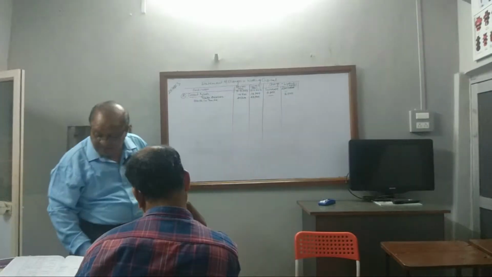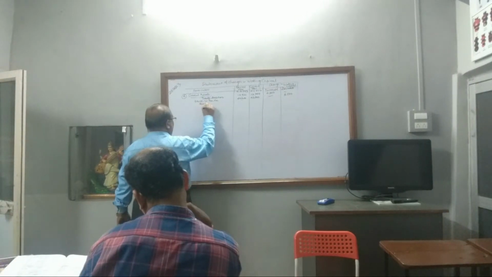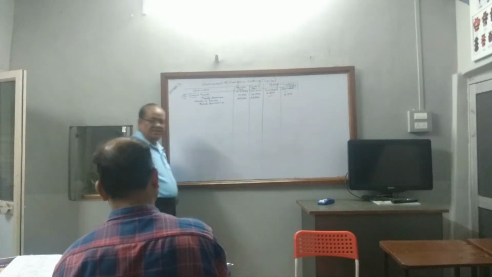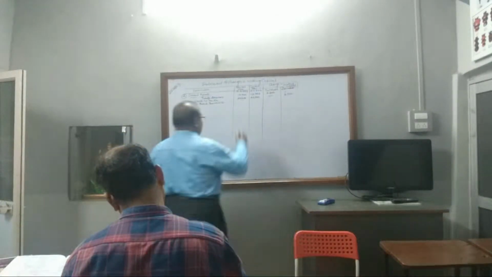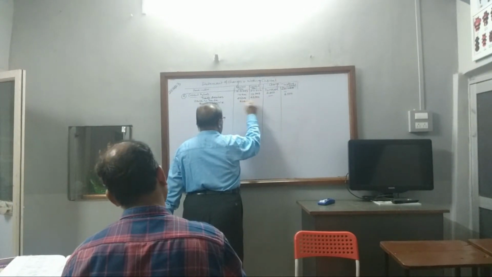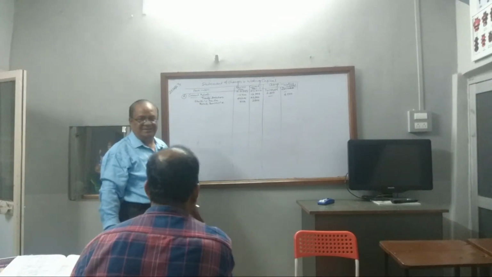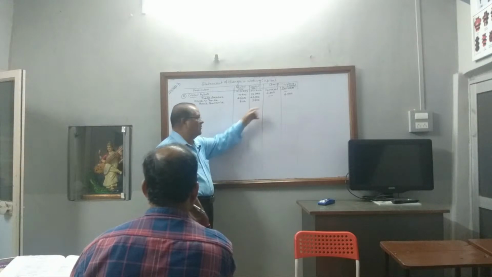Then third will be bank balance. You take their bank balance. How much bank balance? 9,000 and 7,800. Once again, it is also a decrease. As compared, it is a decrease. Correct? How much is the decrease then?